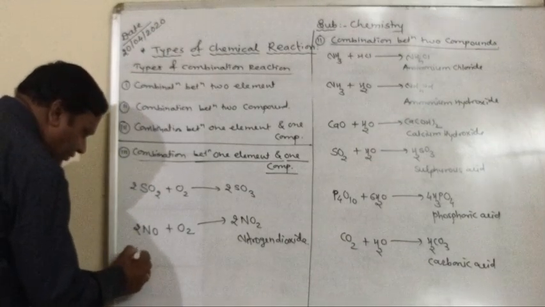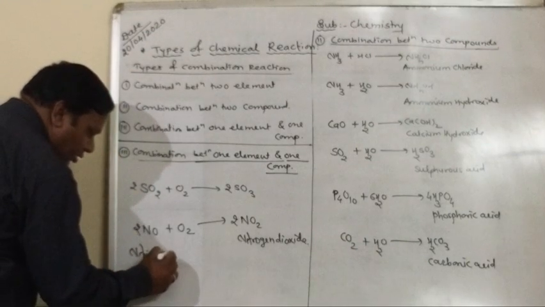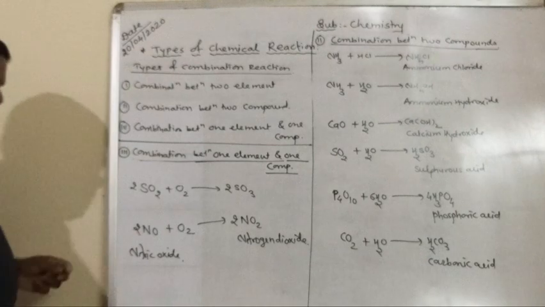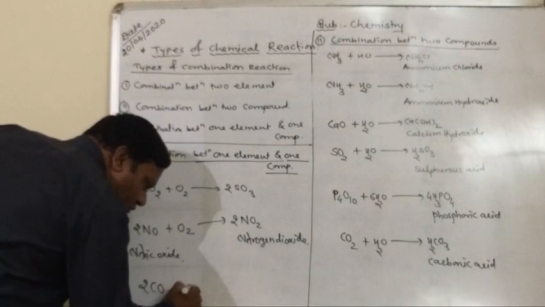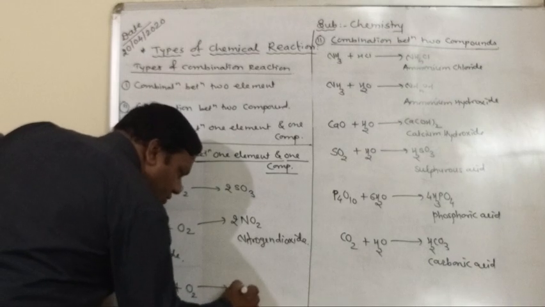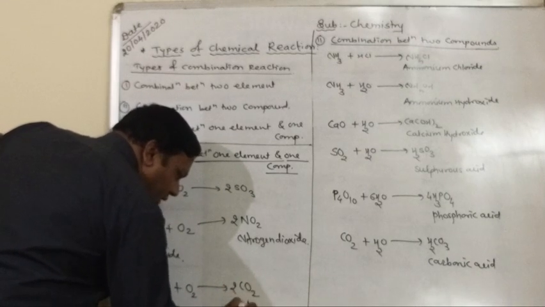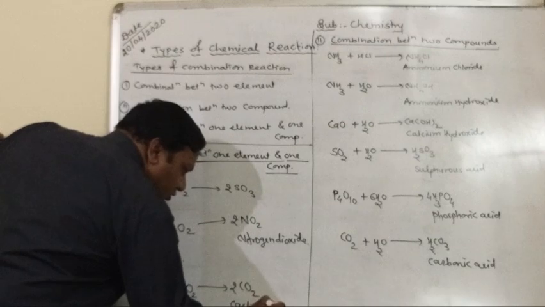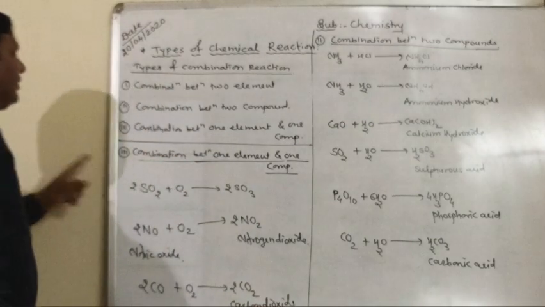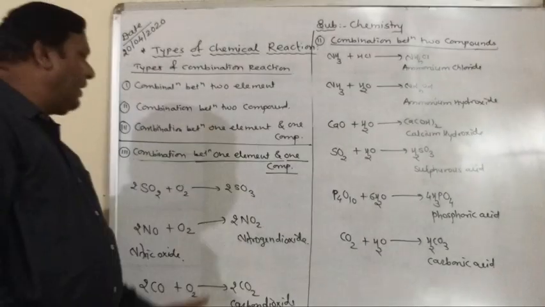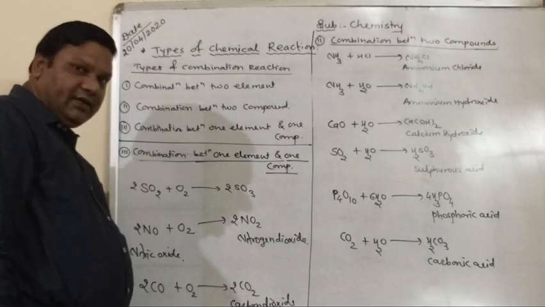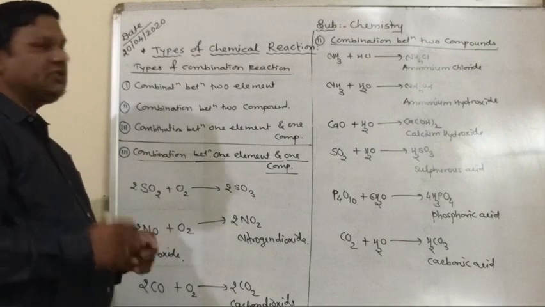Okay, NO is nitric oxide. Then CO plus O2 to get CO2, carbon dioxide. Understood? So these are the examples of combination between one element and one compound. Is it clear? So these are the combination reactions.